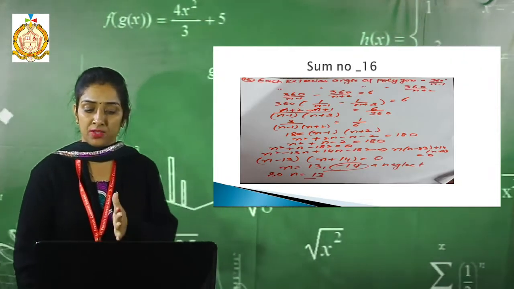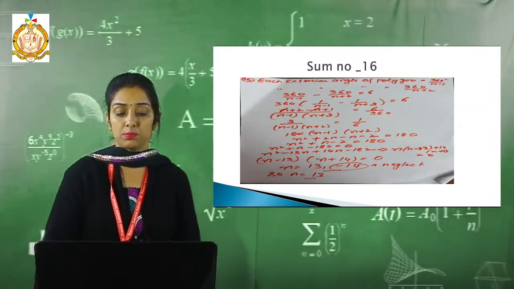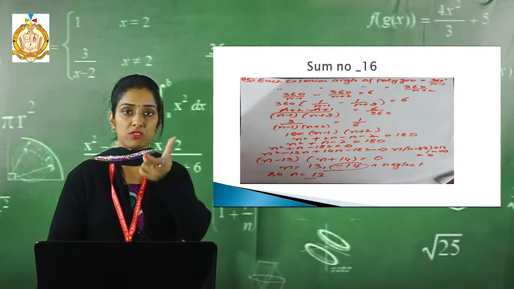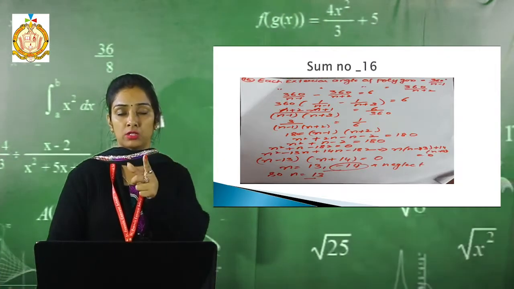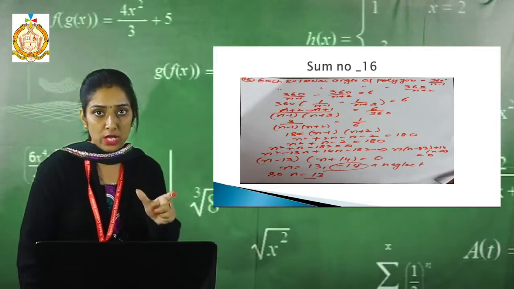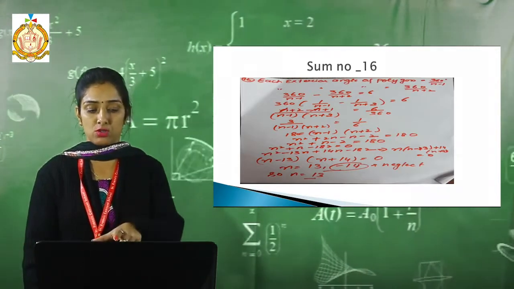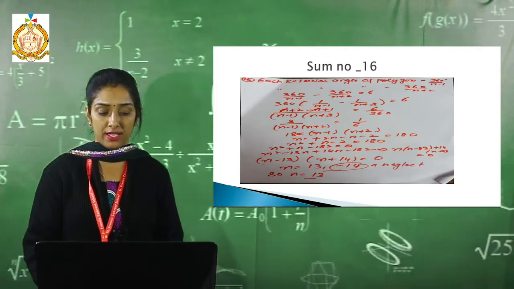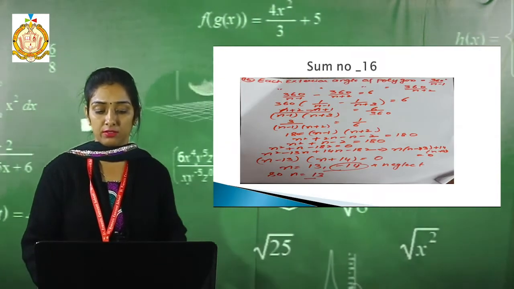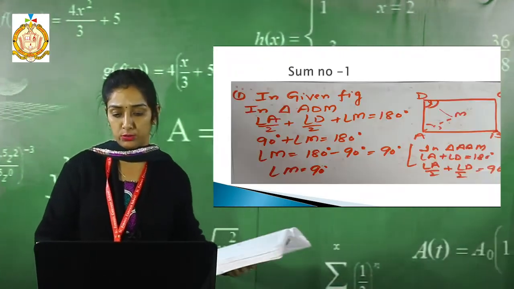Taking LCM and solving it, we get n square plus n minus 182 is equal to 0. Now just factorize: 13 multiplied by 14 is 182, and when you subtract 13 from 14 we get n. So after solving it we get the value of n as 13 and minus 14. So neglect the negative value and we take n is equal to 13 as the positive value.